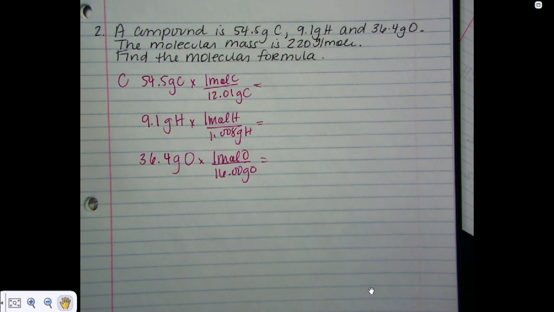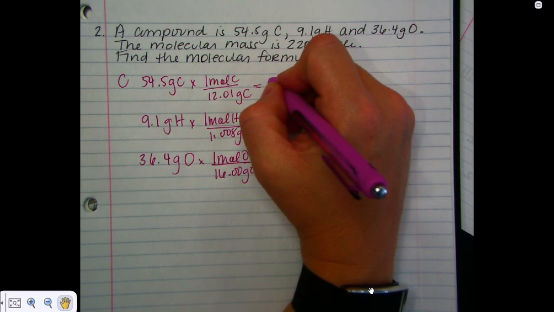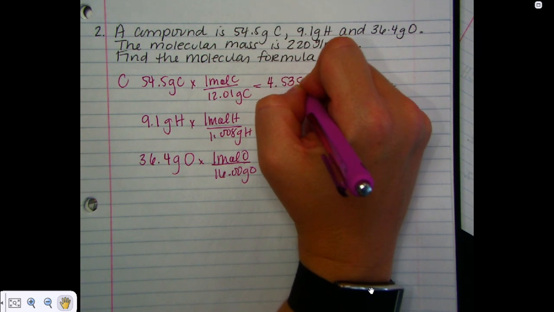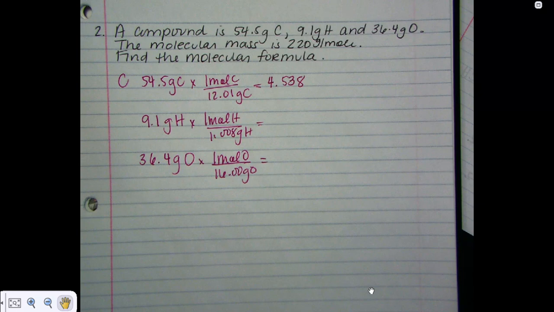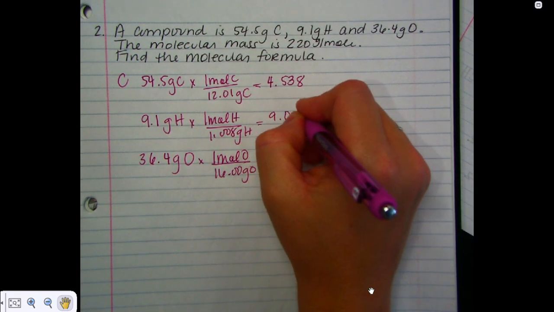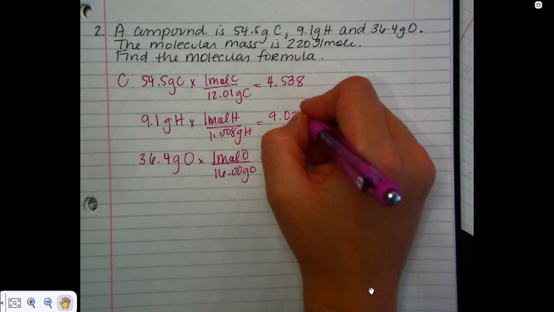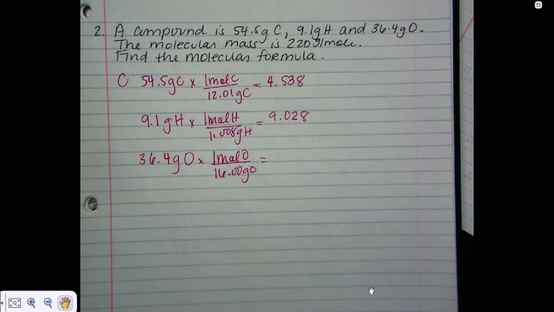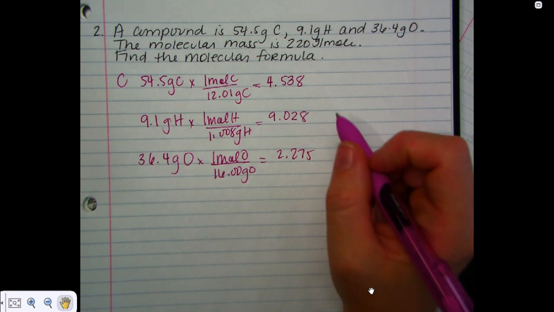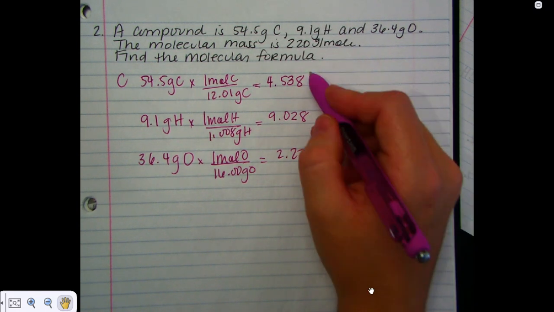All right, 54.5 divided by 12.01 is 4.538, 9.1 divided by 1.008 is 9.028, and 36.4 divided by 16.00 is 2.275. So now I've got my moles, divide by the smallest.